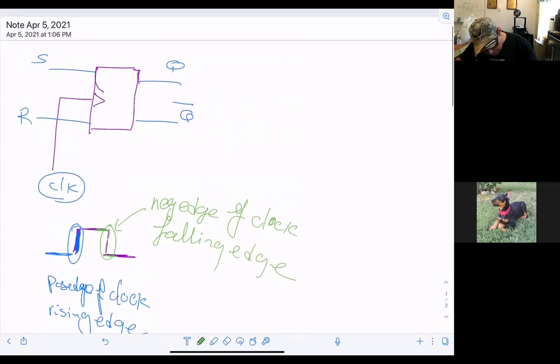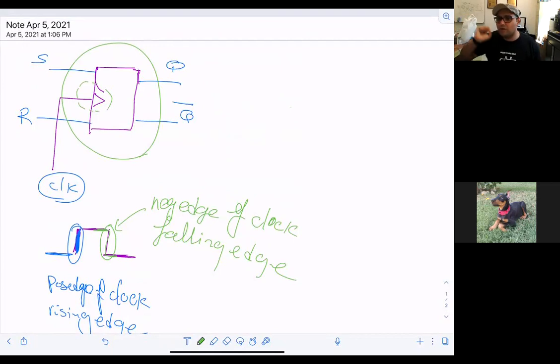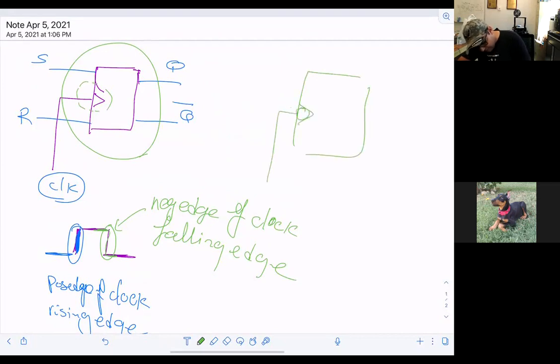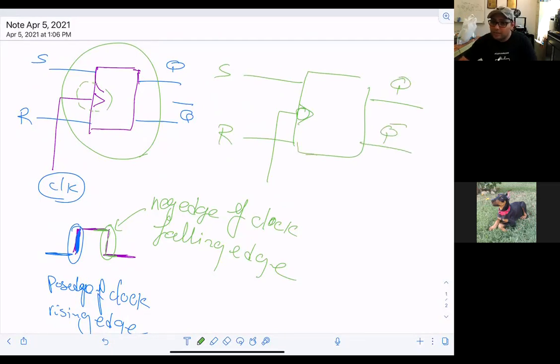Now, the symbol of this flip-flop has the triangle, as you can see here, right? There is no circle inside the triangle. So this is actually reporting on the positive edge of the clock. Sounds good? So if I do the same architecture and just do like this, SR Q complement, I'm talking about this flip-flop being an SR flip-flop, but actually reporting on the negative edge of the clock.